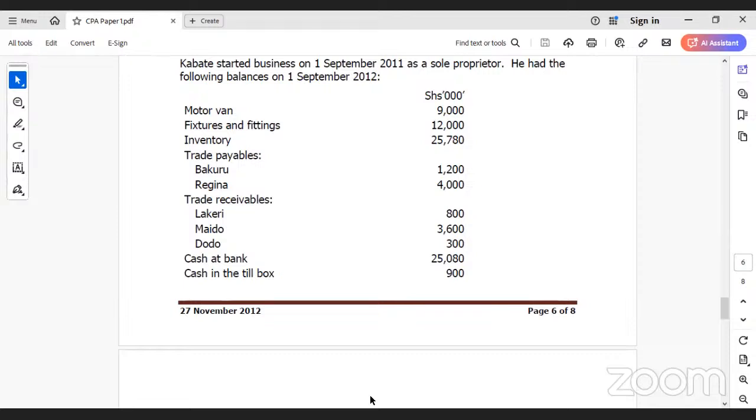Accruals is there, yeah. We have it. Then Regina, yes. Regina we have. Then other trade receivables. Lakery, do we have Lakery's account? Yeah.